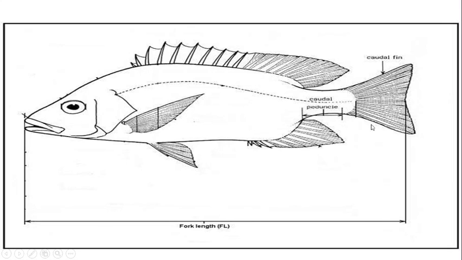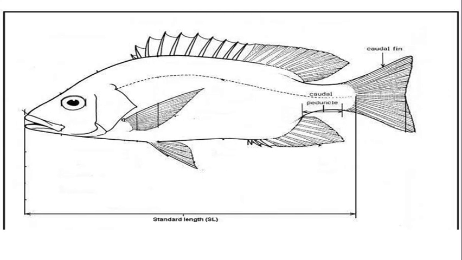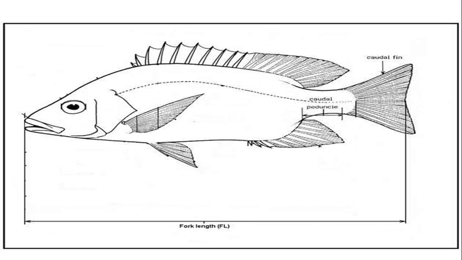So this length is between the standard length and total length of fish. You can say this is the total length and this is the standard length, so the fork length lies in between the total length and standard length.